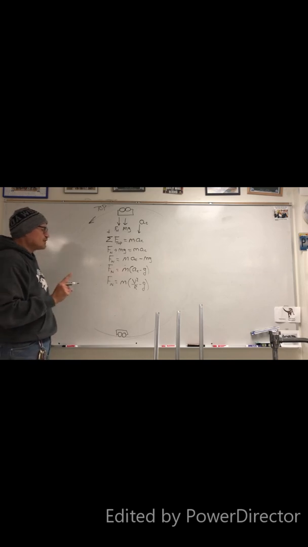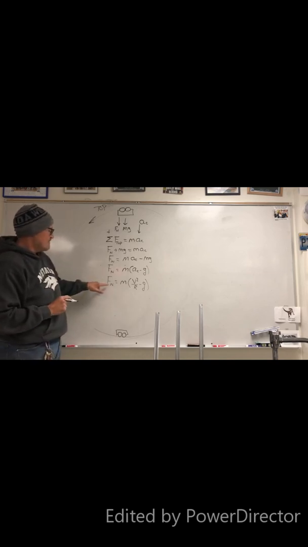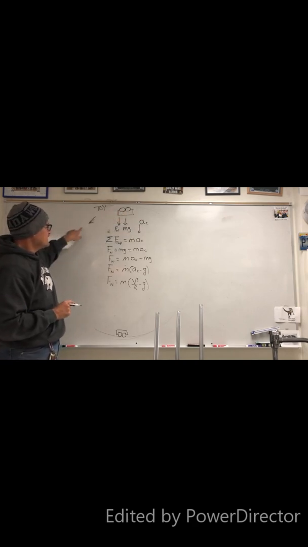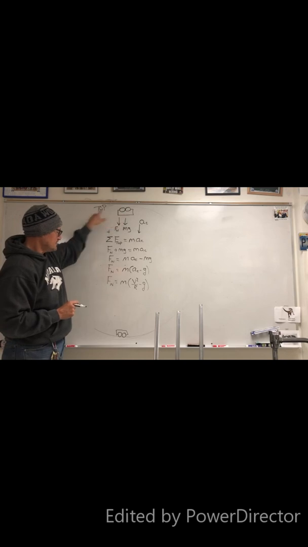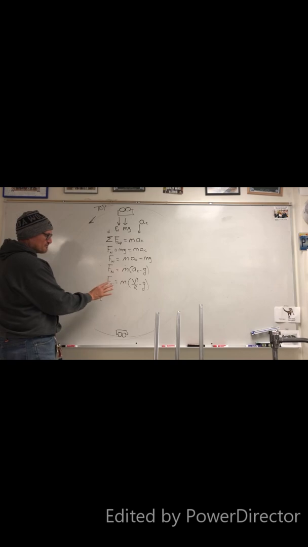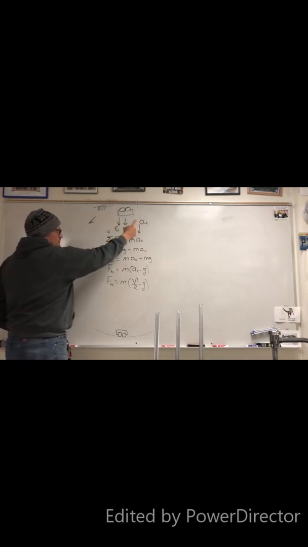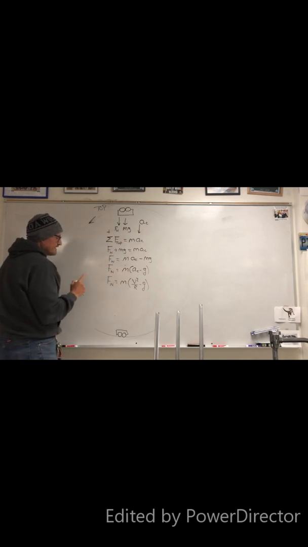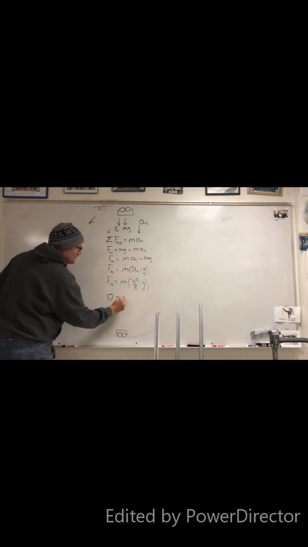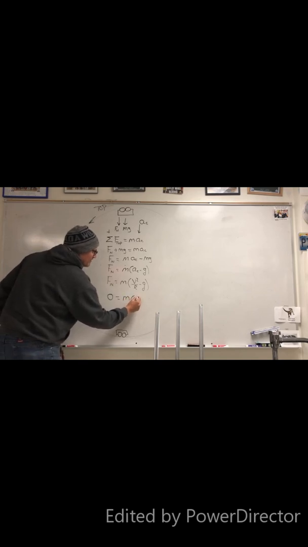Now, we want to look at the special case. Remember, the normal force is providing the force for it to go around in a maintained circular motion. The centripetal force is being supplied by the normal force to make sure it goes in circular motion. So what happens if the normal force is 0? Then 0 equals m times (v squared over r minus g).